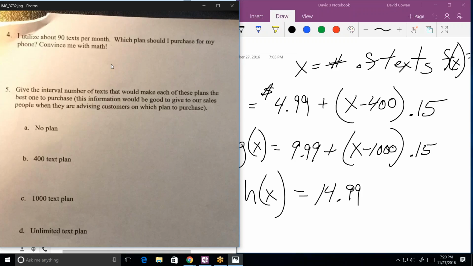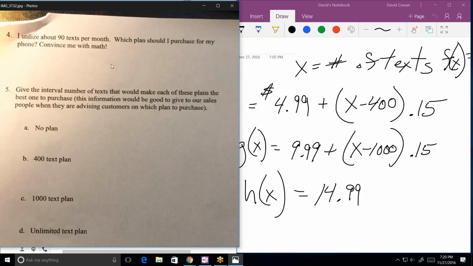All right, so number 4 says, if you're going to send 90 texts per month, which plan should I purchase? Convince me with math. So what are we going to have to do here? At worst, plug 90 into each of the equations, all four of them. In other words, this is kind of like question 3.